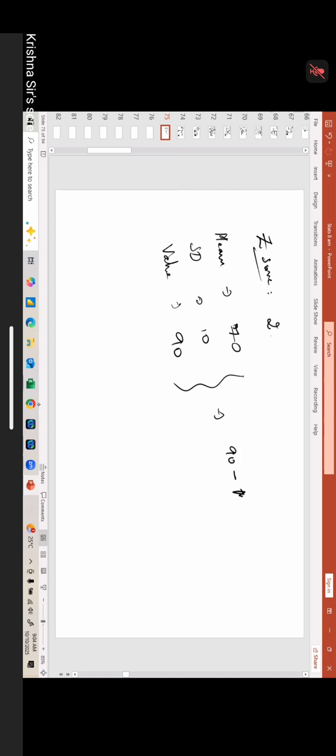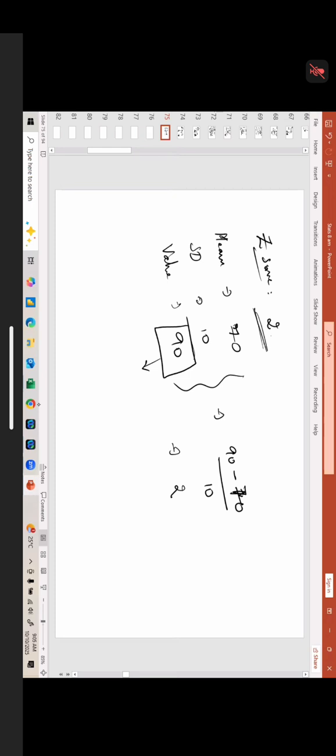Value minus mean: 90 minus 70 divided by 10 is 2. If our Z score value is 2, the value we are taking, 90, is present at 2 standard deviations far away from the mean value.